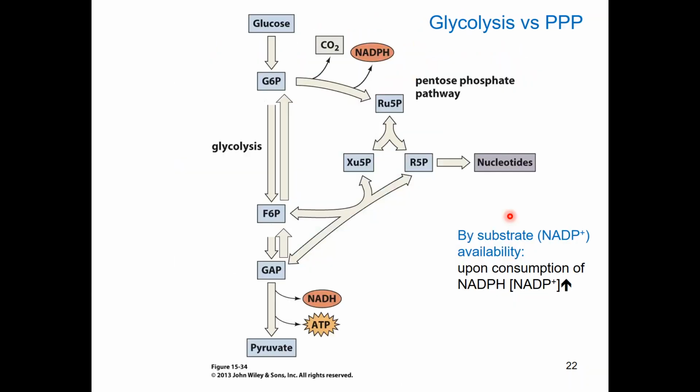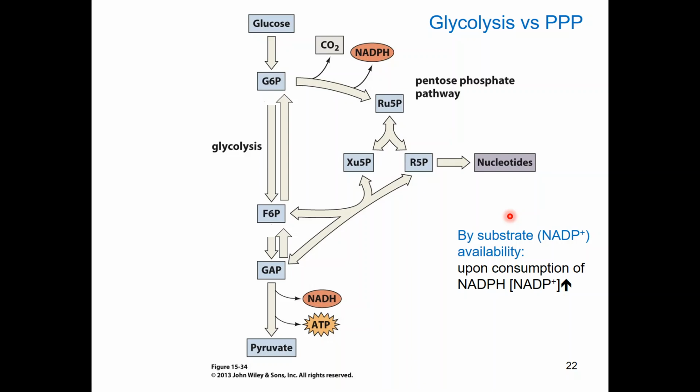Since glucose 6-phosphate is the starting compound for the pentose phosphate pathway, it's called the hexose monophosphate shunt, because it shunts glucose 6-phosphate away from glycolysis.